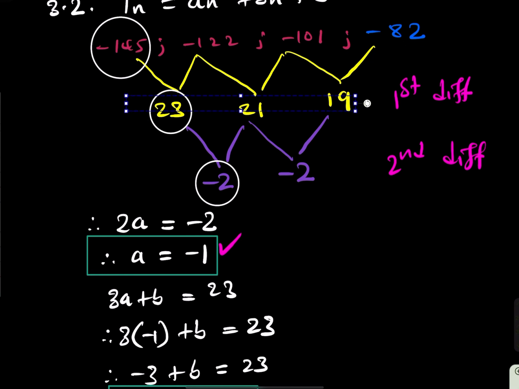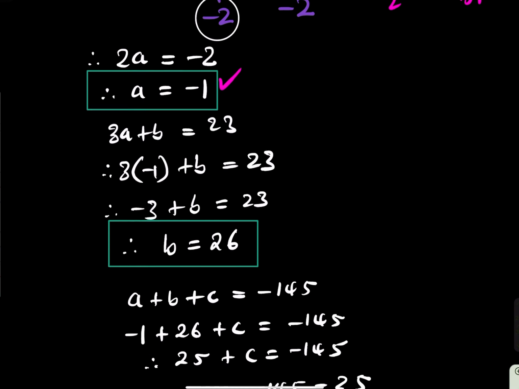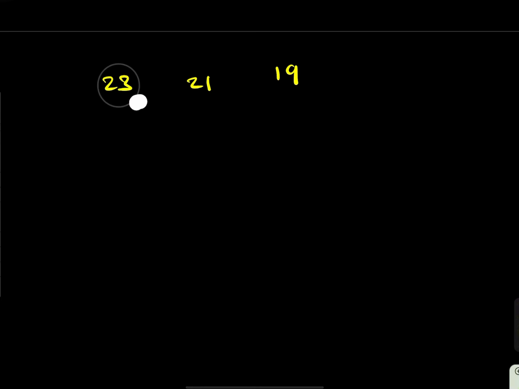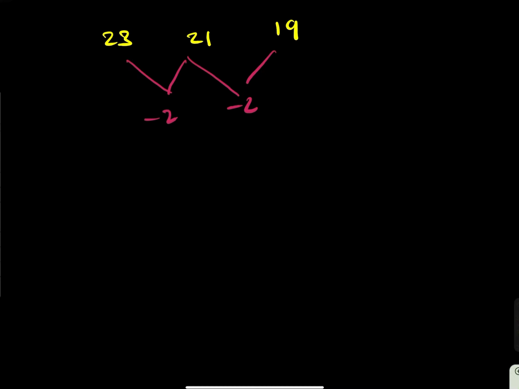Let me do this for you guys. The alternative way to work this problem would be to find the general term of this situation. So this is going to be negative 2. We actually found that earlier on.